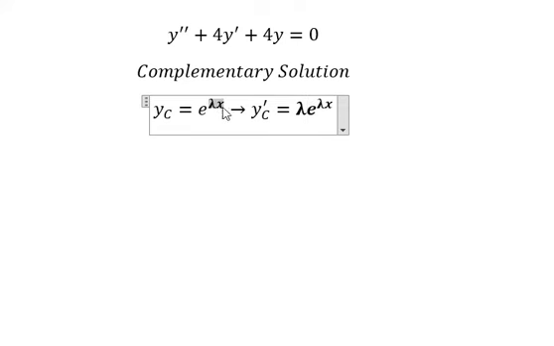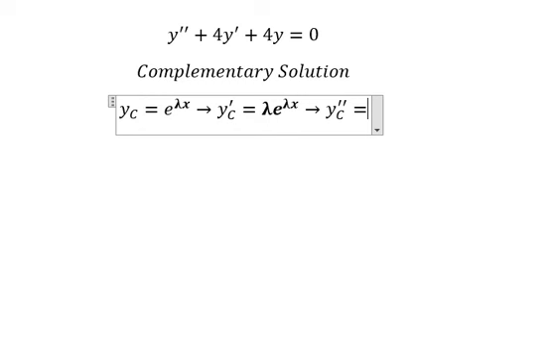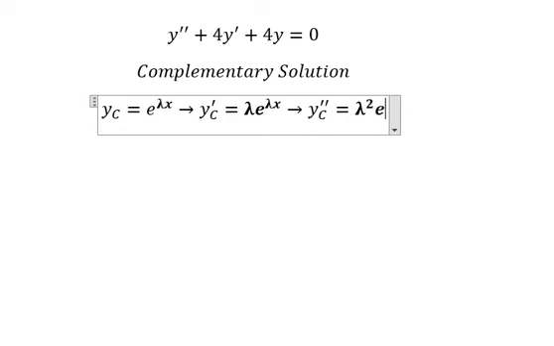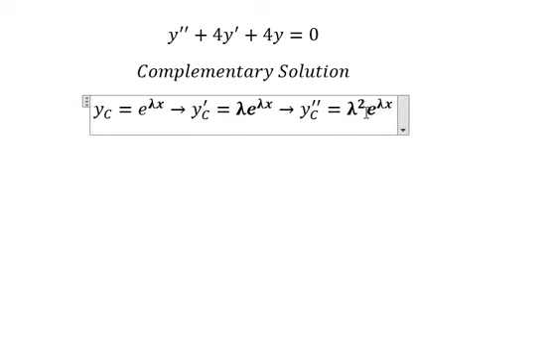Later, we continue doing the first derivative of lambda s. You get lambda. Next, we do the second derivative, and we have lambda square e to the power of lambda s.